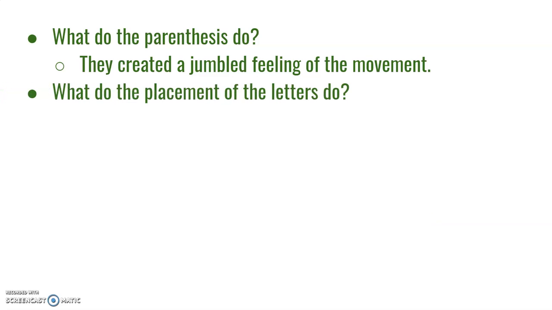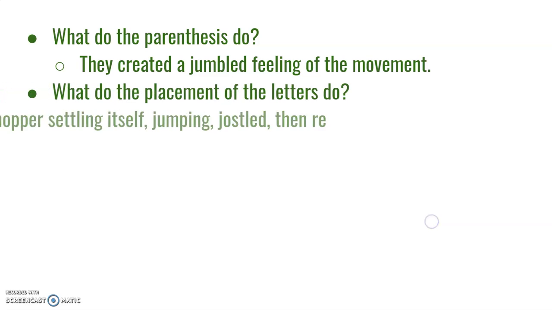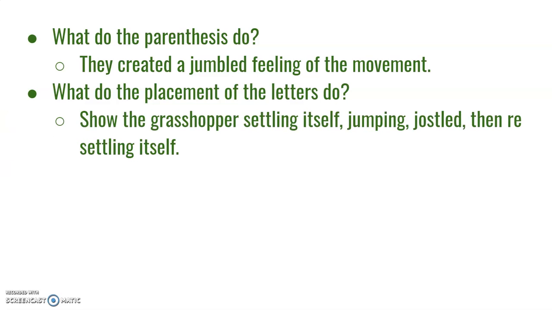And so what do the placements of the letters do? Well, the same, right? So it shows the grasshopper again, settling himself, jumping, jostled, and then resettling itself or himself.